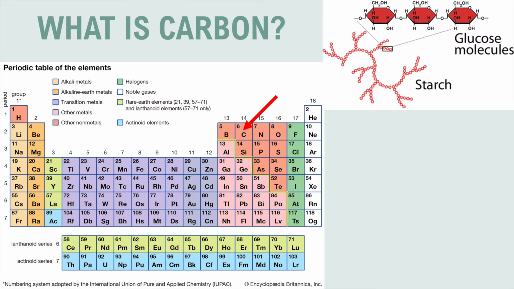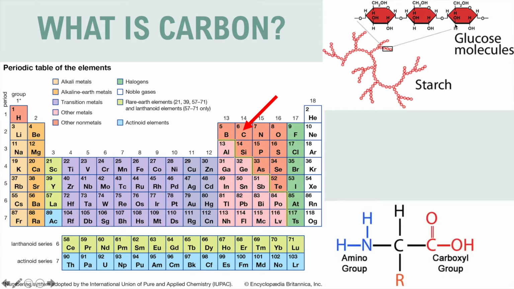Over here you can see an example of glucose molecules that are bound together in a starch molecule. And when you look closely, you can see that you find some carbon atoms in different places of these glucose molecules. And actually each corner over here represents a carbon molecule.